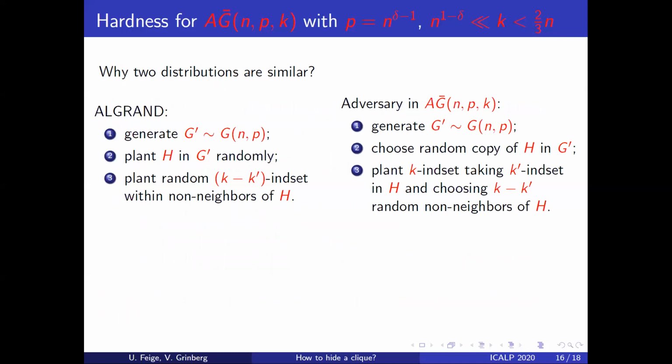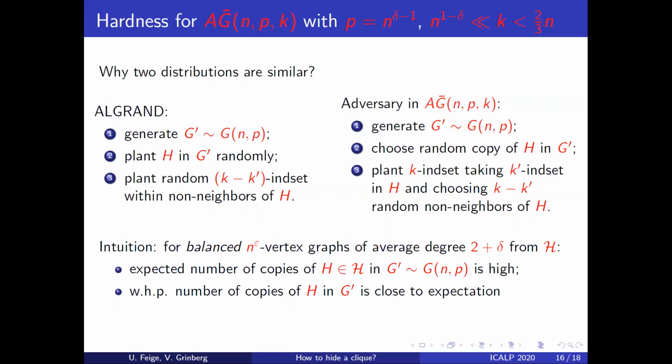The key difference here is that ALGORAND plants H randomly in G(n,p), while the adversary chooses a random copy of H that is already in G(n,p). It turns out that planting H into G(n,p), as ALGORAND does, does not change the random graph too much because it already had plenty of copies of H in it.